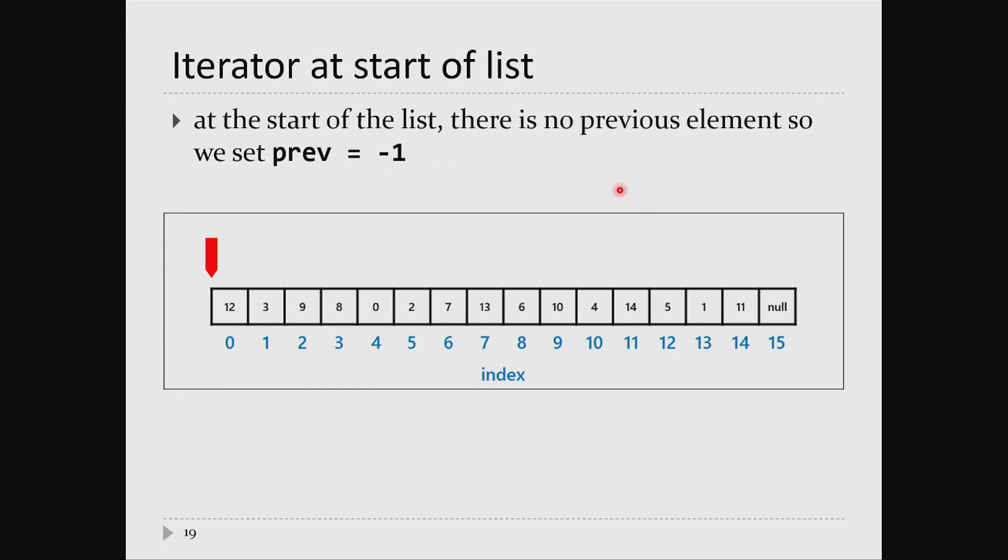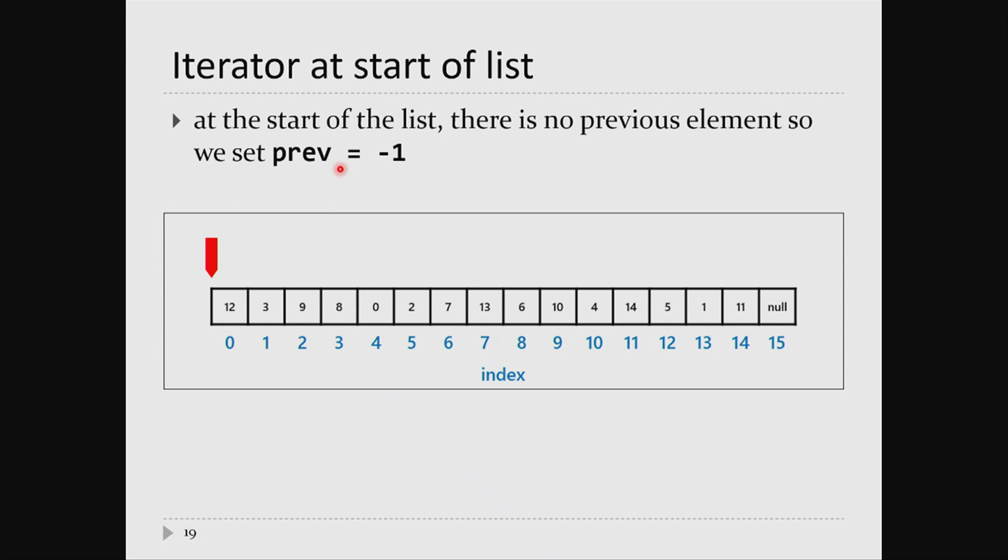At the beginning of an iteration, when you first create an iterator, it should be positioned at the front of the list, sitting before element 0. Which means previous is -1, or some other negative value, whatever you want to use.